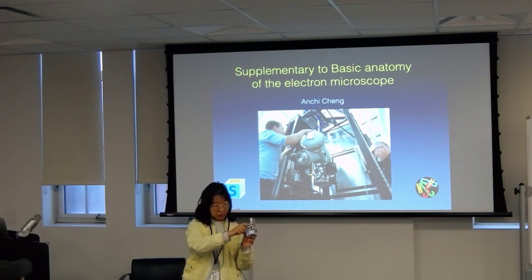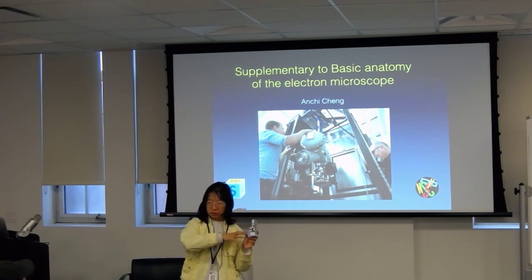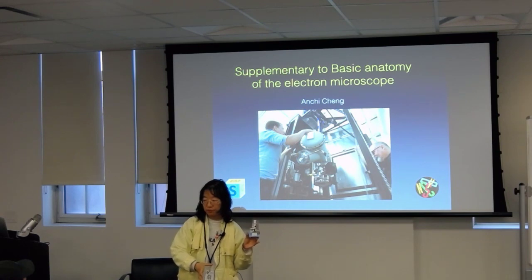Anything below that will be for your objective and then your projection. So the objective is forming an image. The intermediate lens and the projection lens systems give you the magnification.